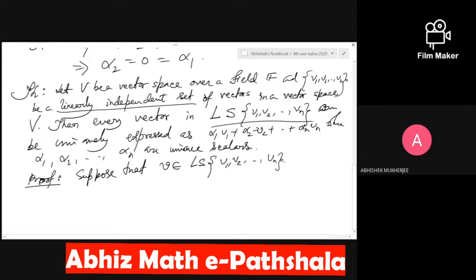Okay. Now, by the definition of linear span of vectors, you can write V as a linear combination of V1 to Vn. So then there exist scalars alpha 1, alpha 2, alpha n belonging to F, such that V will be represented as alpha 1 V1, alpha 2 V2, alpha n Vn.